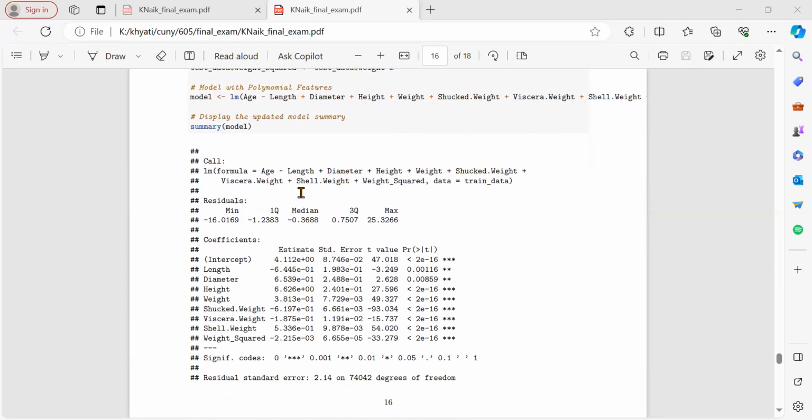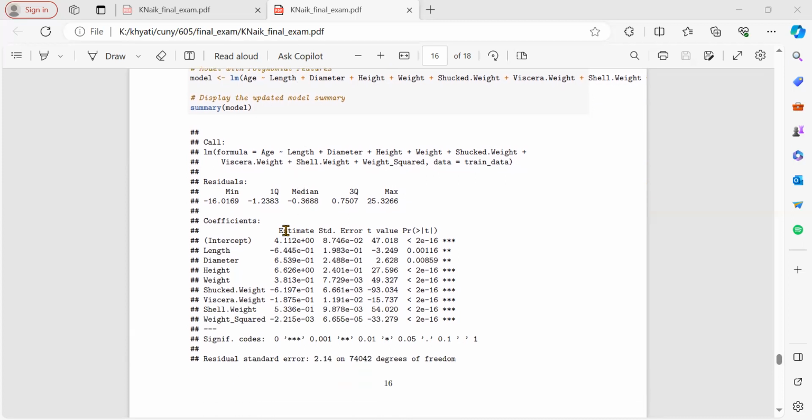And as we see the results, our intercept is 4.11. This estimates the average age when all the predictors are 0. And we can see that height, weight, shell weight, and diameter have good positive coefficients, and an increase in these variables is associated with an increase in the predicted age.